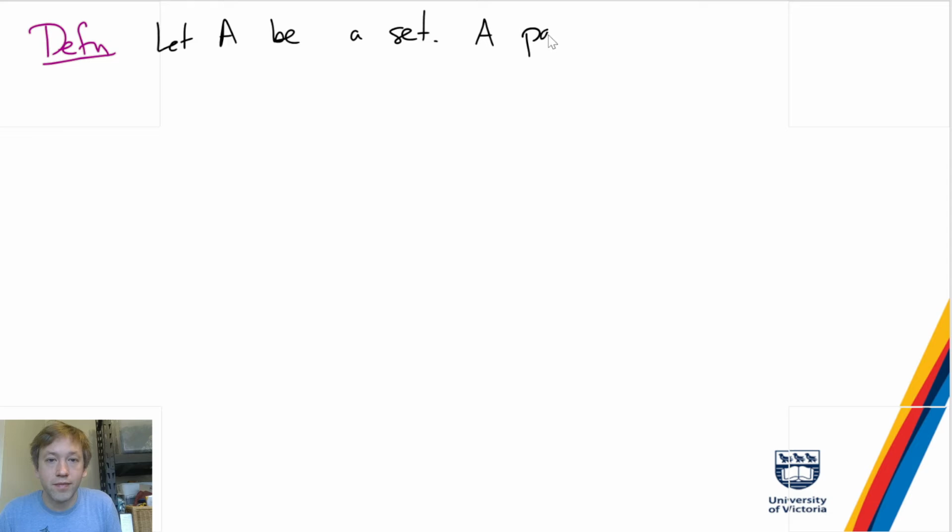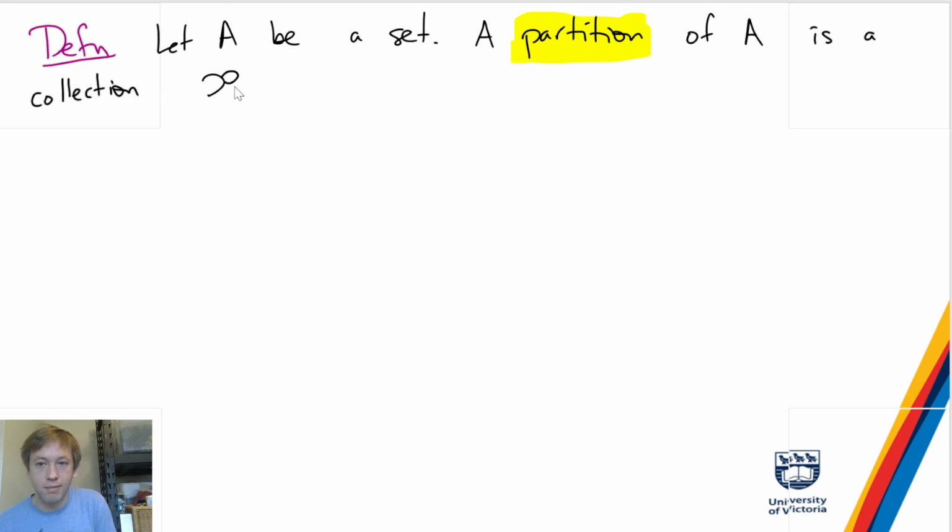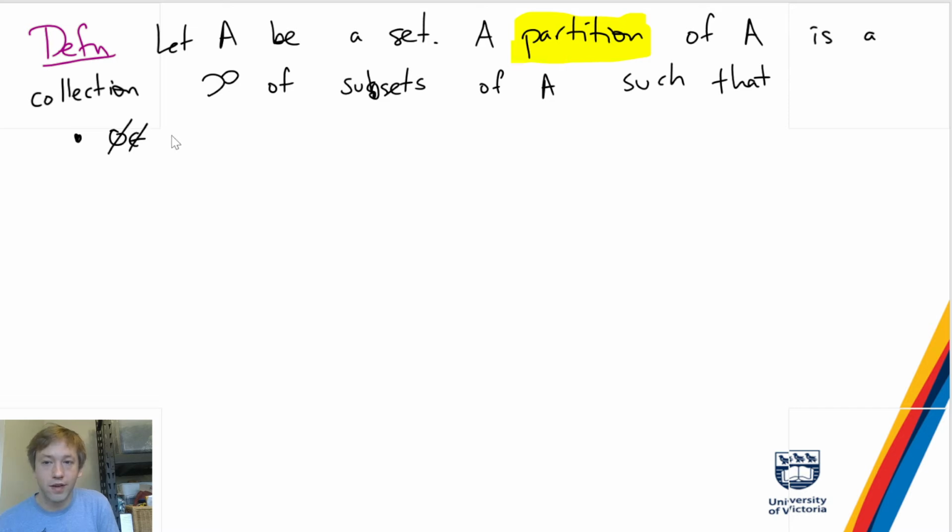A partition of A is a collection, let's write it curly P, of subsets of A such that, first of all, the empty set is not in P. The sets in P have to be disjoint.